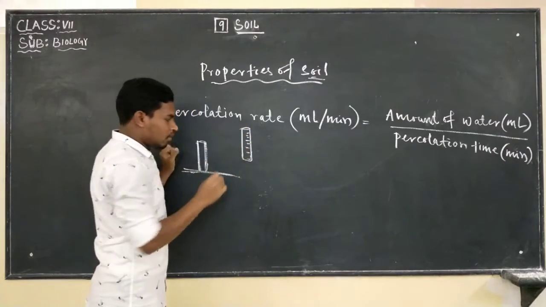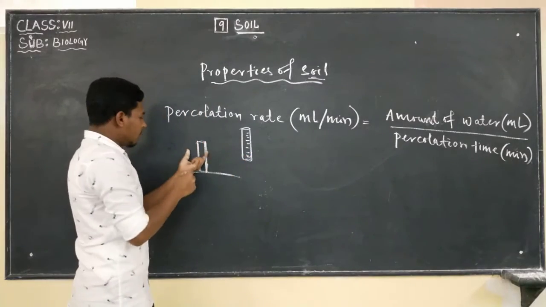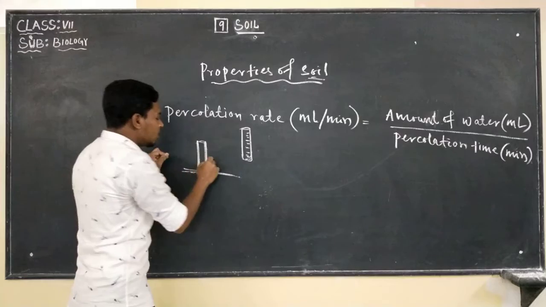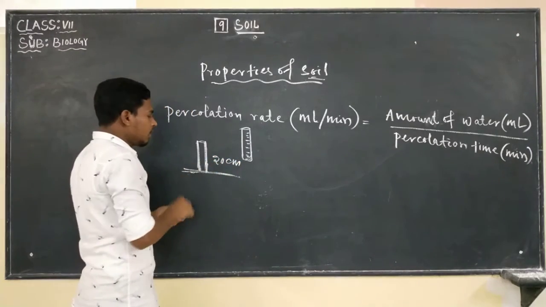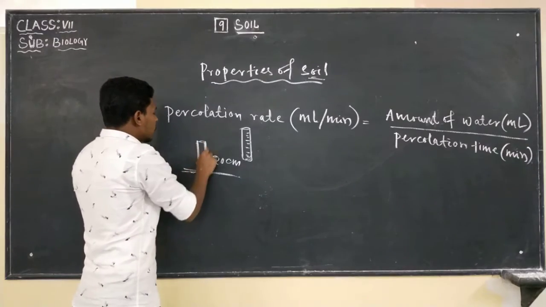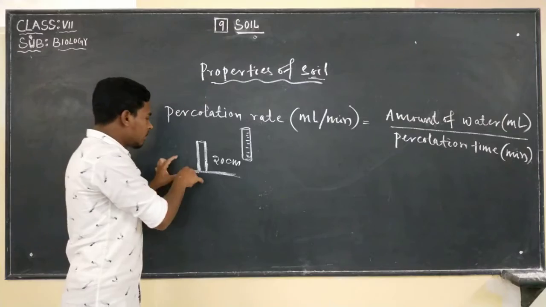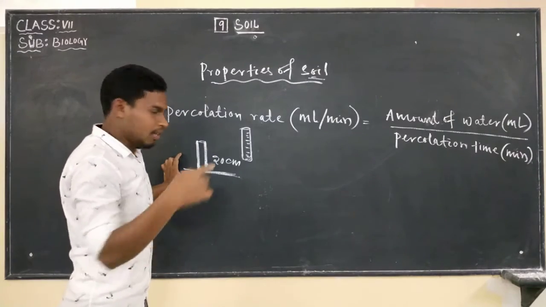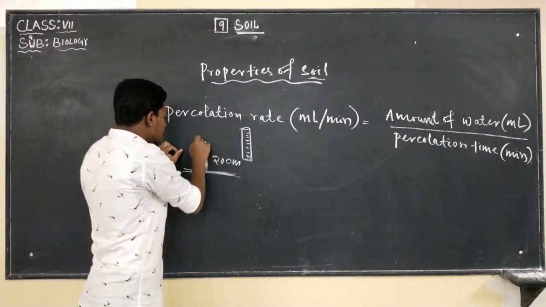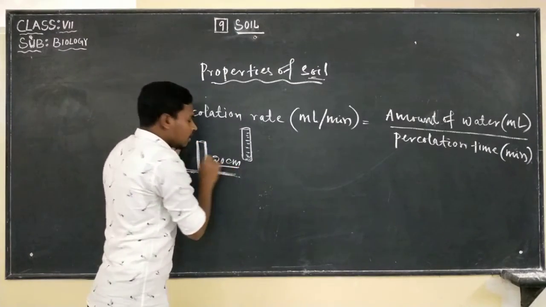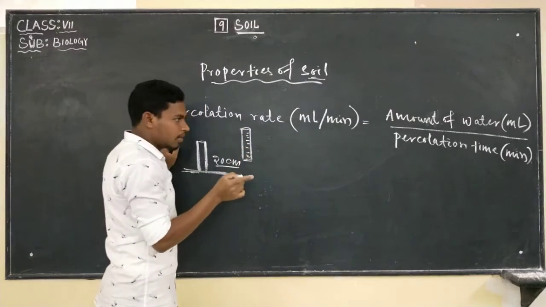Your cylinder or pipe should be 20 centimeter, and it depends on where you are putting this pipe, whether it is in sandy soil, clay soil or loamy soil. In the measuring jar you have some amount of water.